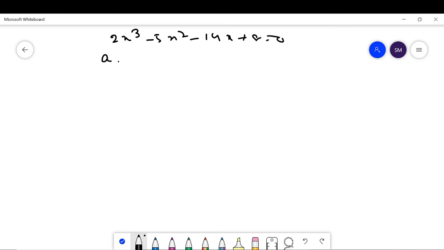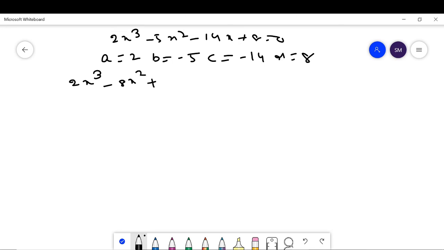Then a equal to 2, b equal to minus 5, c equal to minus 14, d equal to 8. Then factorize this. 2x cube, minus 5x square can be written as minus 8x square plus 3x square. Then minus 14x can be written as minus 12x minus 2x, plus 8.